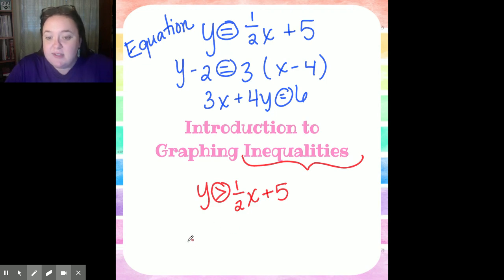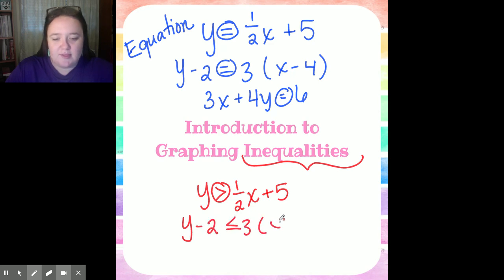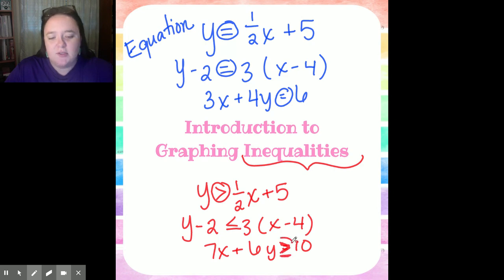Or you might have a different inequality symbol, like y minus 2 is less than or equal to 3 parentheses x minus 4. Or you might even have a standard form one where it's 7x plus 6y equals 10. Oops, would it be an equals? We're talking inequalities. Maybe greater than or equal to, right? So all three of these have inequality symbols. So that's what we're going to work on graphing next.